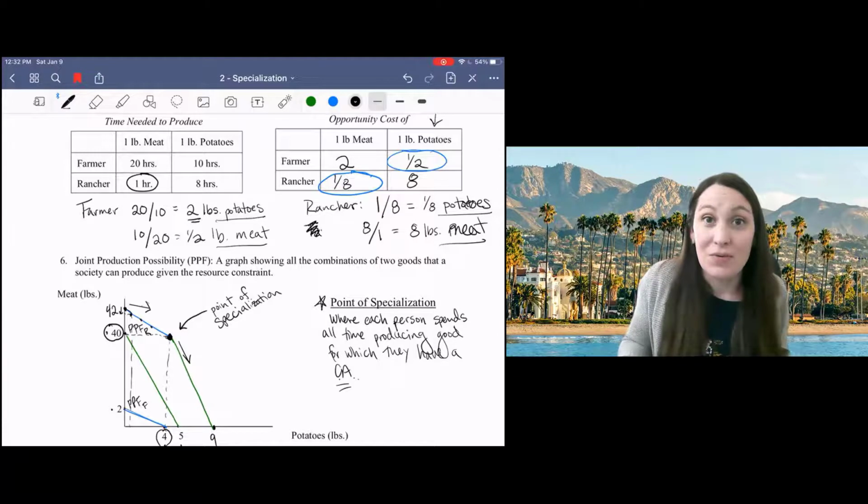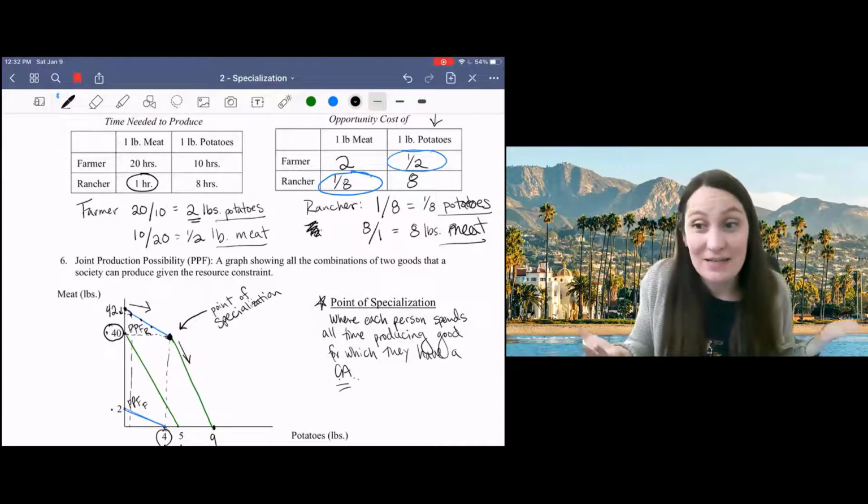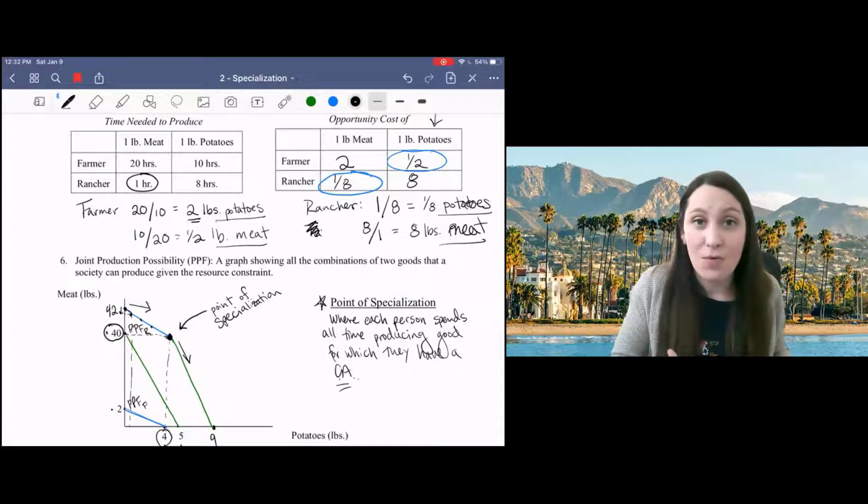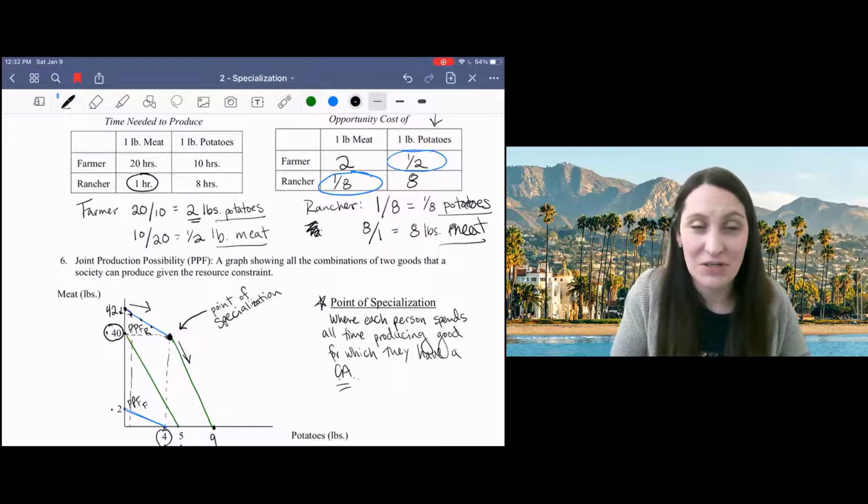Okay, so we want to see if this indeed has improved outcomes for us. So we're going to use our criteria of efficiency to compare our point of production without specialization to this joint production possibility frontier.